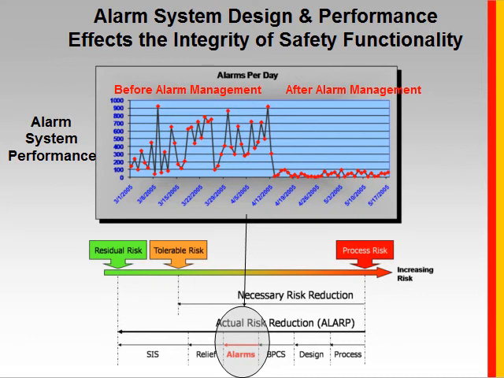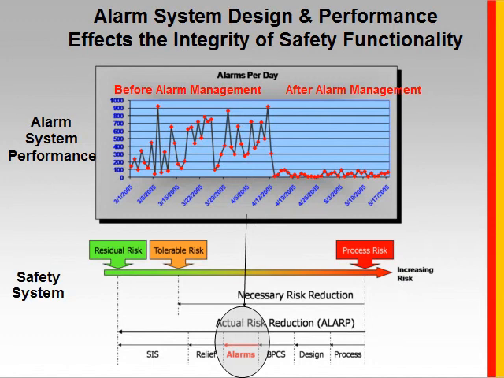So the question is, how comfortable would you be as the safety system designer that a safety IPL alarm, or safety critical alarm that occurred with the performance on the left-hand side, how comfortable would you be that the operator would see that alarm and respond to it and not miss it? Certainly, you'd have less confidence in that than if the alarm system was performing as we see on the right-hand side.